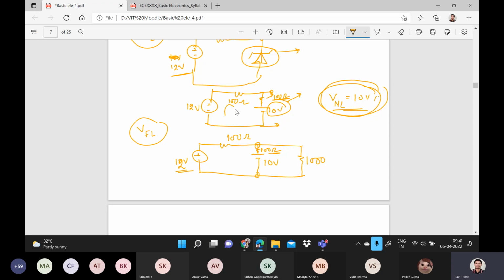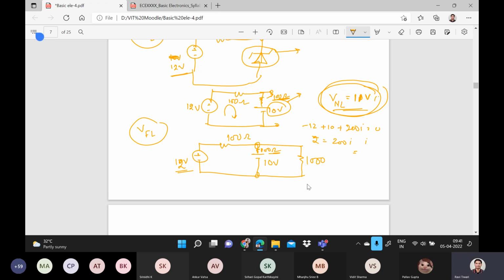You can apply a current here and use minus 12 plus 10 plus 200 I equals 0, so that you will get 2 equals 200 I, so I will be equal to 0.01. Sir, V no load is 11, is it? Okay, 11, right? Yeah. Okay, right.